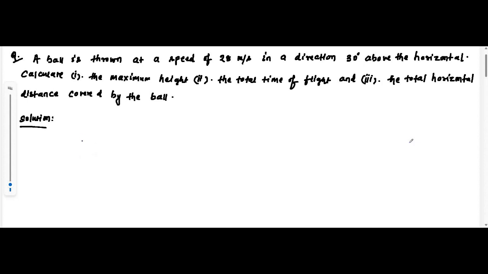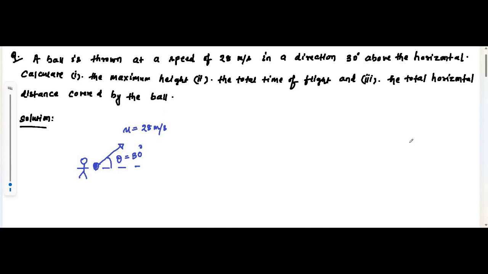Here it is given that, let's say we have a boy who is standing on the ground. He throws a ball in this direction, where it makes an angle of 30 degree with the horizontal line. The initial velocity is 28 meter per second.